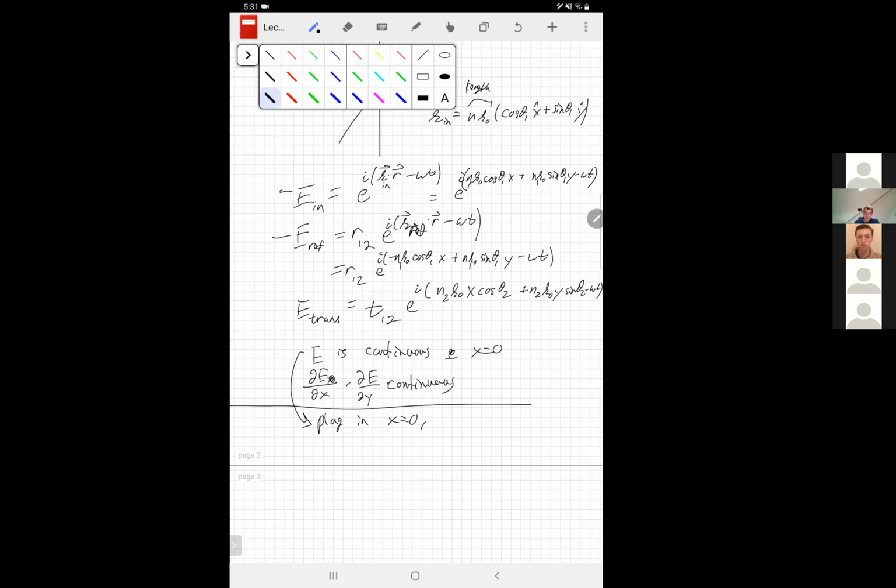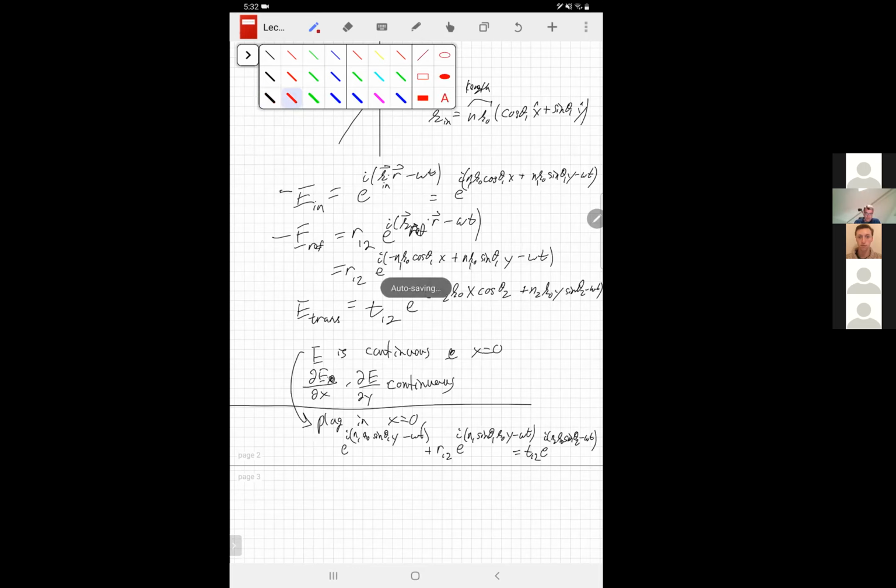I just get e to the minus i omega t, because I get e to the i n1 k naught sine theta 1 y minus omega t, plus r12 e to the i n1 sine theta 1 k naught y minus omega t, equals t12 e to the i times n2 k naught sine theta 2 y minus omega t. That's just plugging in X equals 0 and parts of the exponents go away.